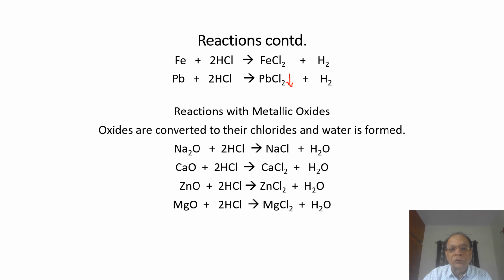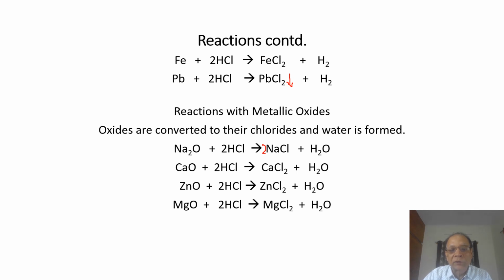Reactions with metallic oxides. Metallic oxides are converted to their chlorides and water is formed alongside. So let's see the reactions. Sodium monoxide reacts with HCl to give NaCl and water. I haven't written 2, so we balance the equation by writing 2 here.